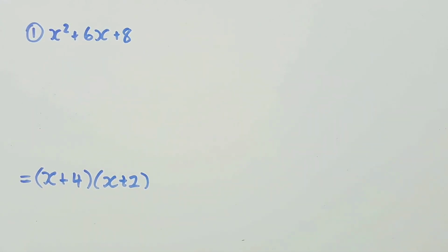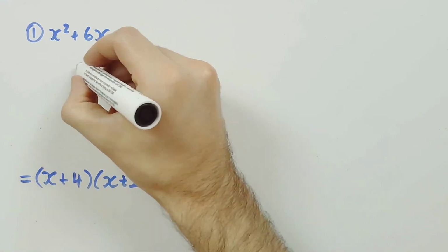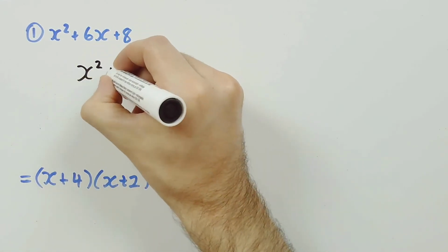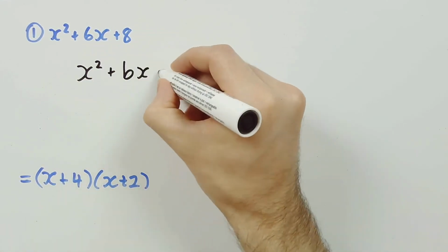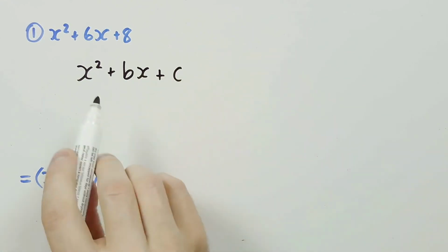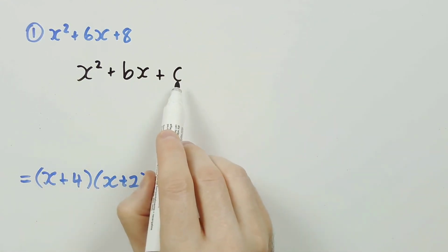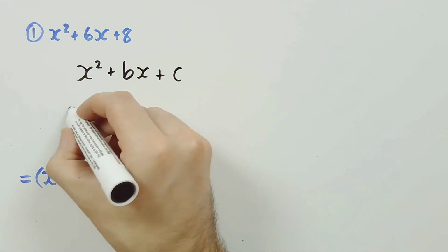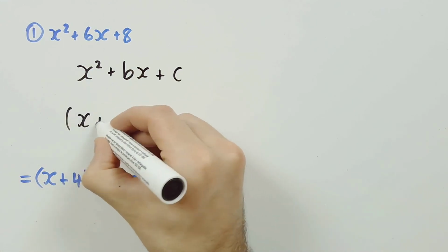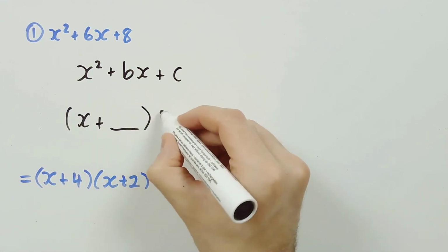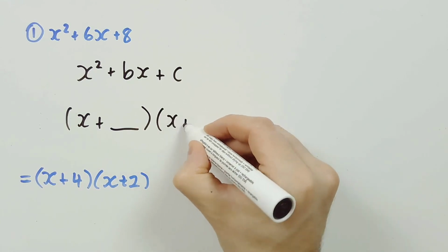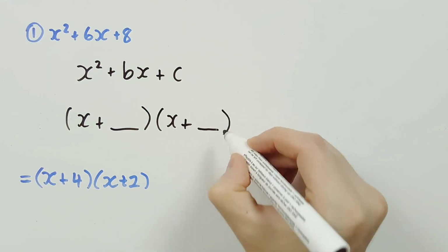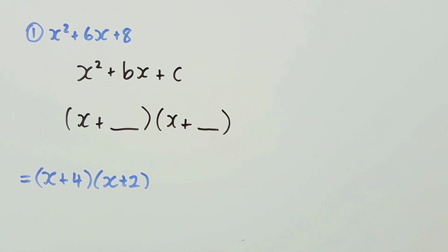So the basis here for this technique is that when we have an equation, x squared plus bx plus c, in this case b is 6, c is 8, and we want to represent it as x plus something multiplied by x plus something. They might be the same, they might be different.